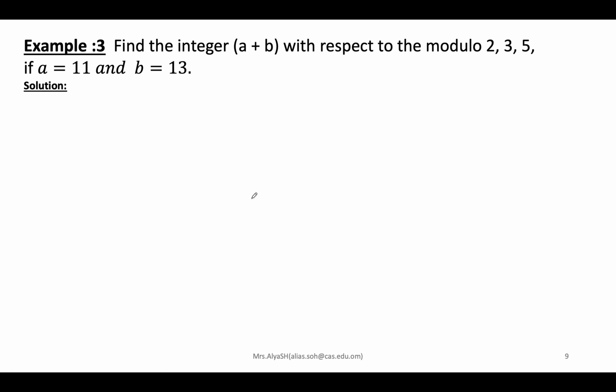Let's check the example here. Here we need to find the integer a plus b with respect to modulo 235 if a equal to 11 and b equal to 13. And we will do this in two ways.